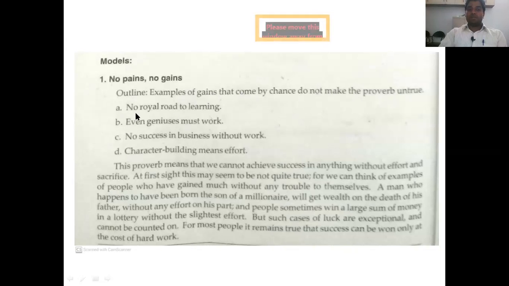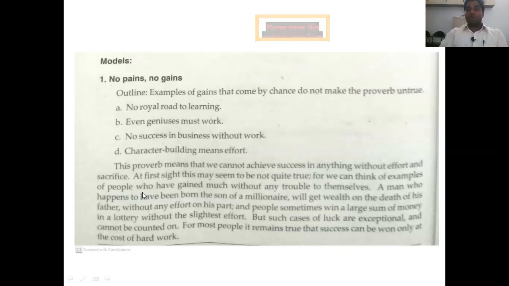The first one is, no royal road to learning, and second one, even genius must work. Third one, no success in business without work. And fourth one, character building means effort. These are the outline examples of the proverb, no pains, no gains.